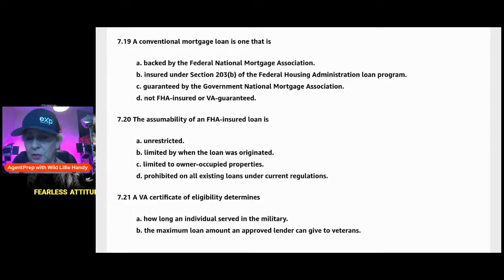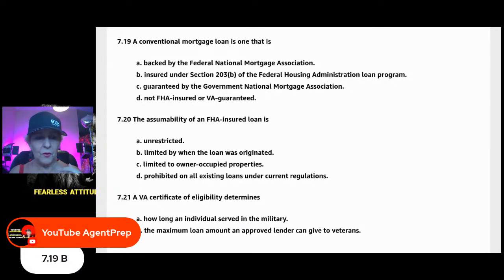So anybody watching the replay, be careful with my answer right there. It is not 719B. I meant to type 720. It is 719D. Okay, where is my answer for 719?